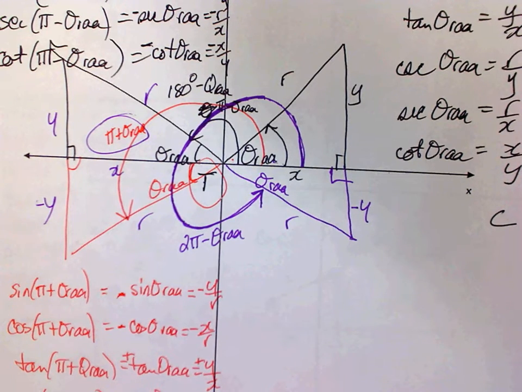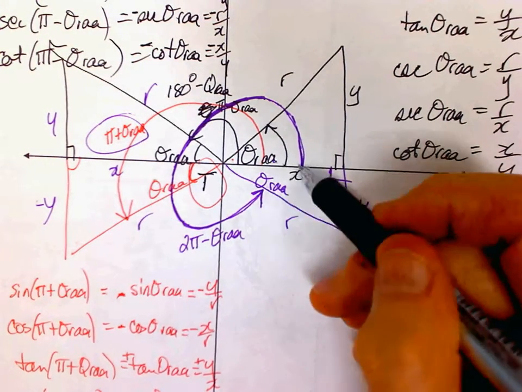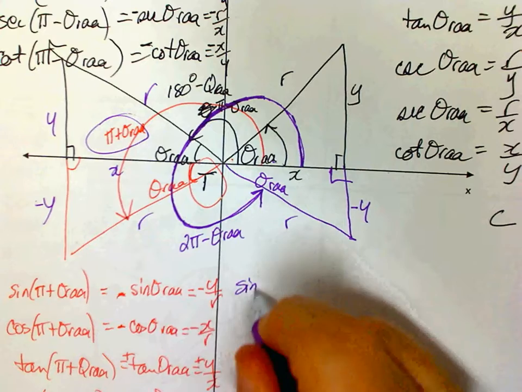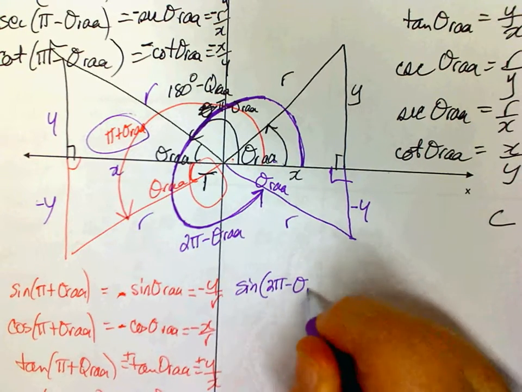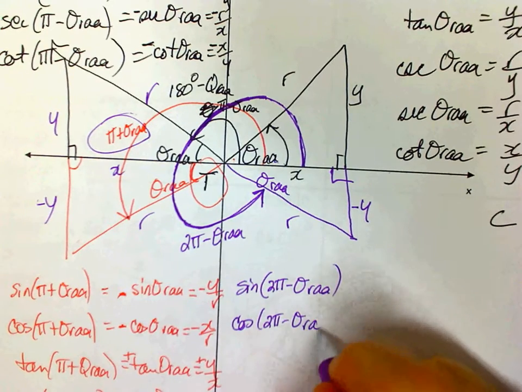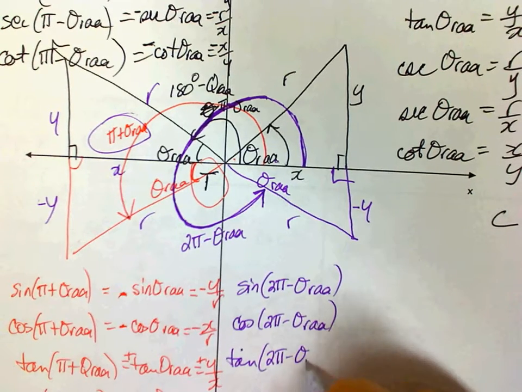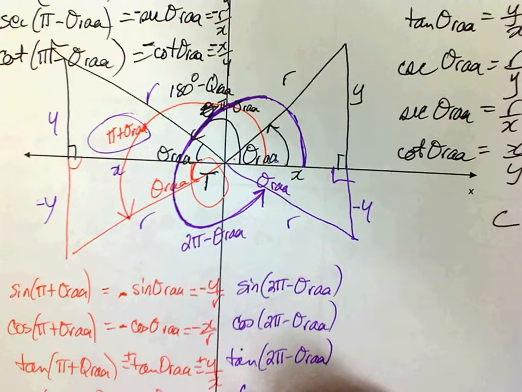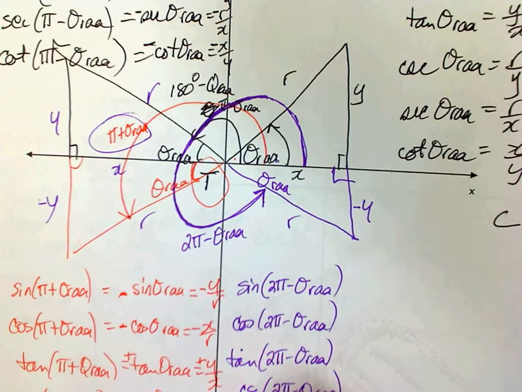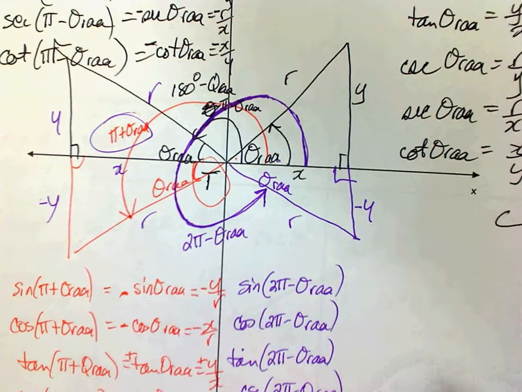So now we're doing 2 pi minus theta, right? 2 pi minus theta RAA. The black triangle is 180 minus theta RAA.